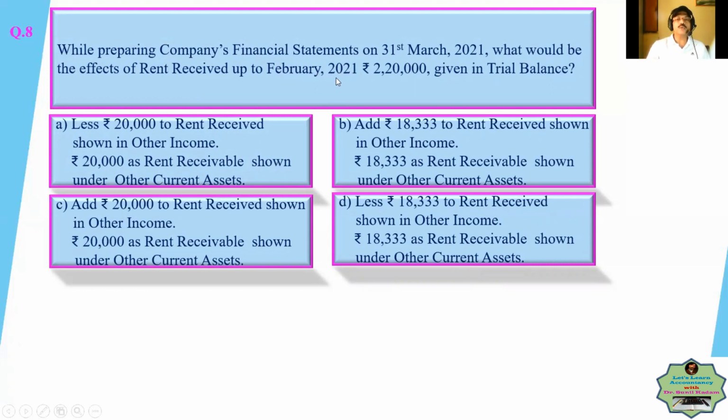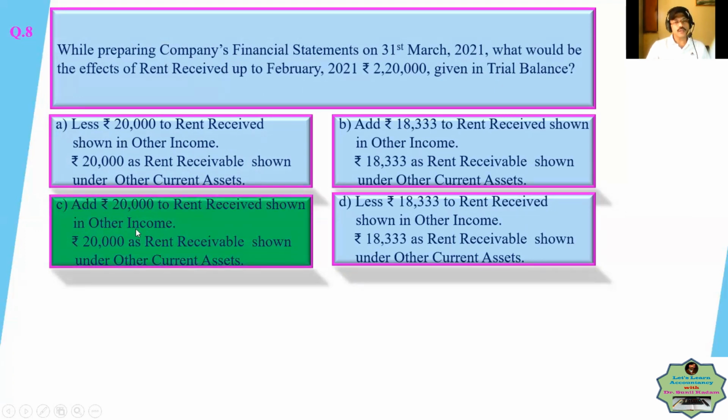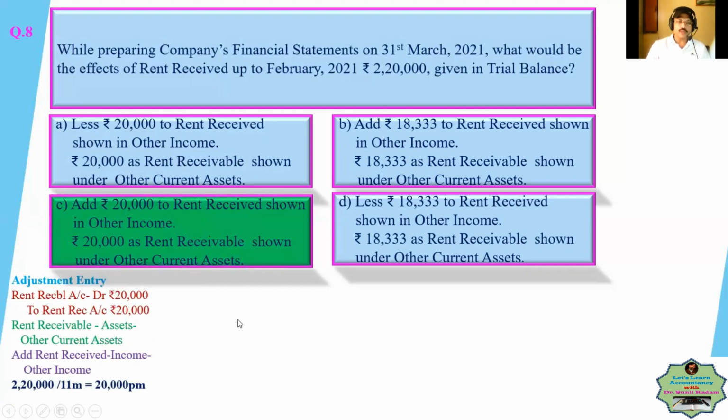So the correct answer is add rupees 20,000 to rent received, shown in other income, and the second effect on the balance sheet is 20,000 as a rent receivable shown under current assets. Why? Whenever there is outstanding income, we pass an adjustment entry. We have learned about that. The entry is rent receivable account debit to rent account.